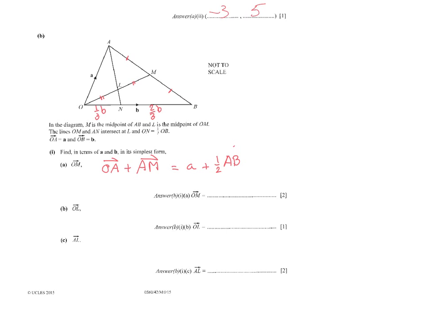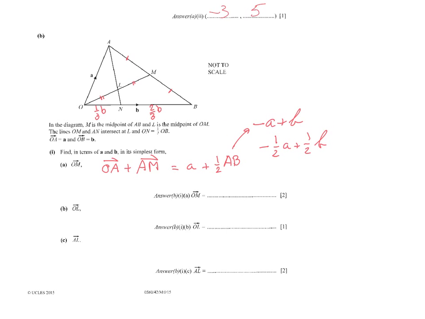Now from A to B, I still don't know that directly, but I do know another way to go from A to B, which is to go in this direction. So from A to B is minus A plus B. Minus A, ladies and gentlemen, because you're going in the opposite direction, minus A plus B. So half AB is going to be minus half A plus half B. Good.